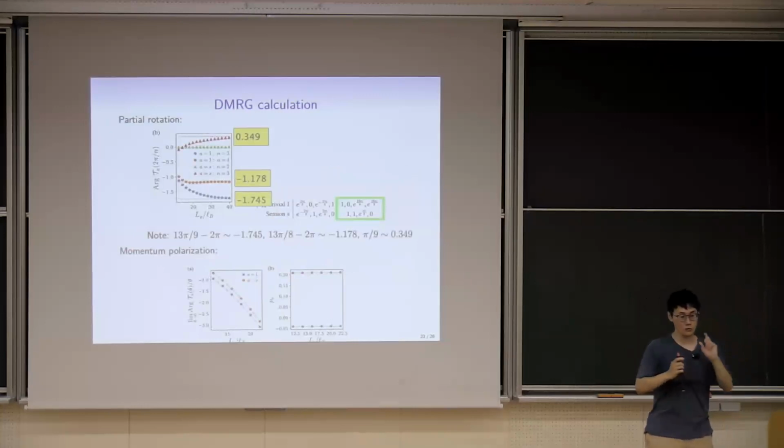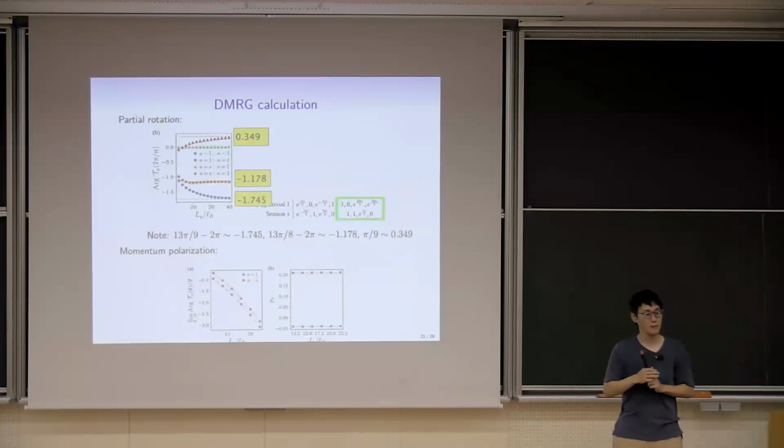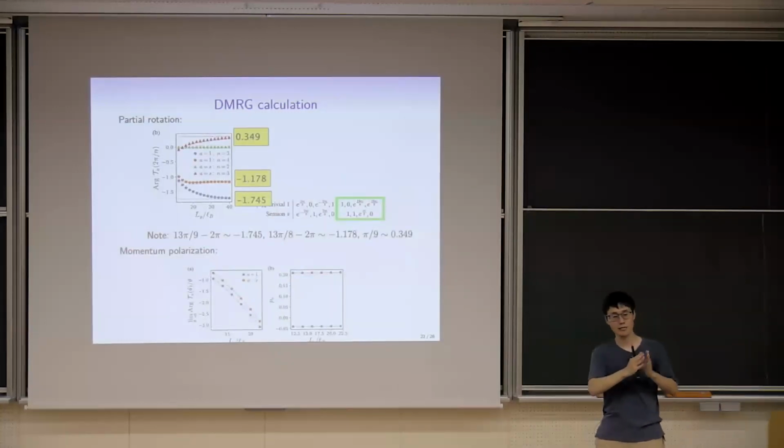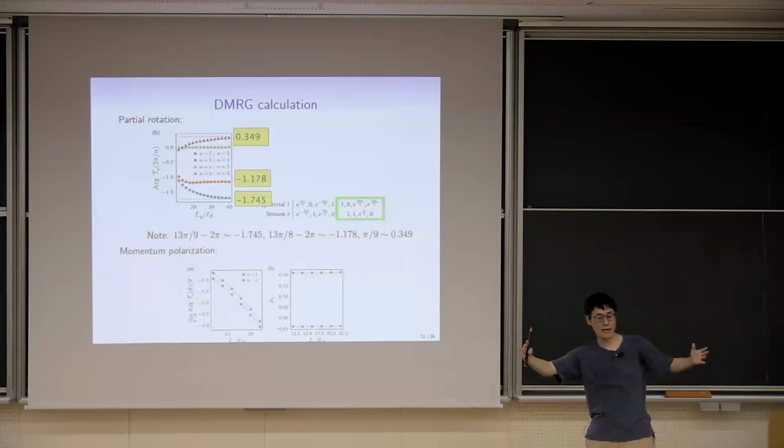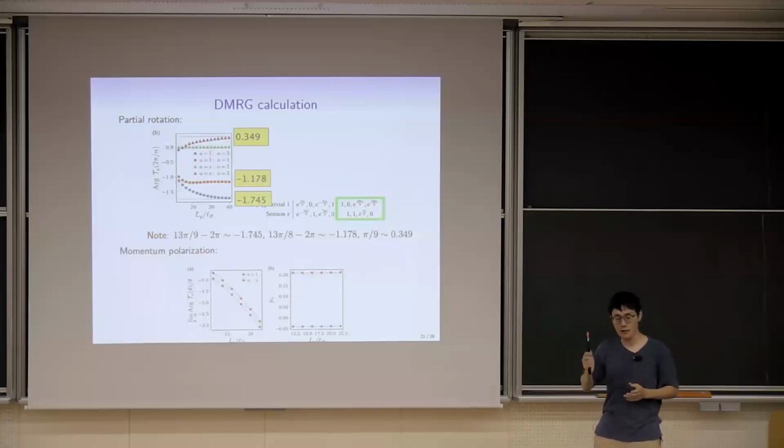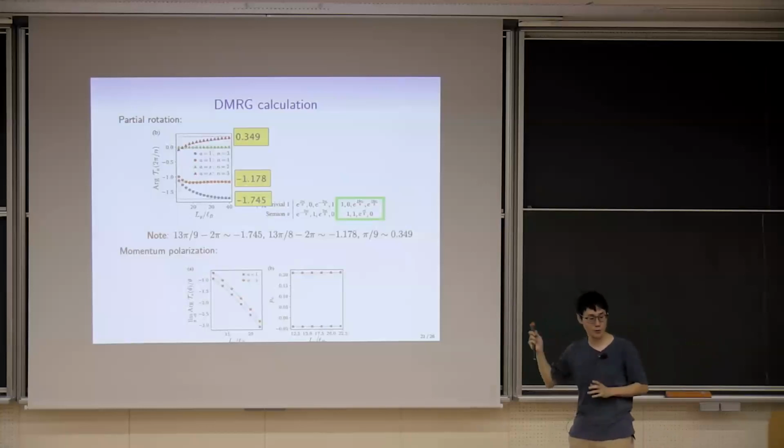So that is also possible. Another possibility, maybe not for DMRG, is to study just a finite cylinder and compute partial rotation operations. Historically, for the momentum polarization, people first studied the finite cylinder. So it's doable.